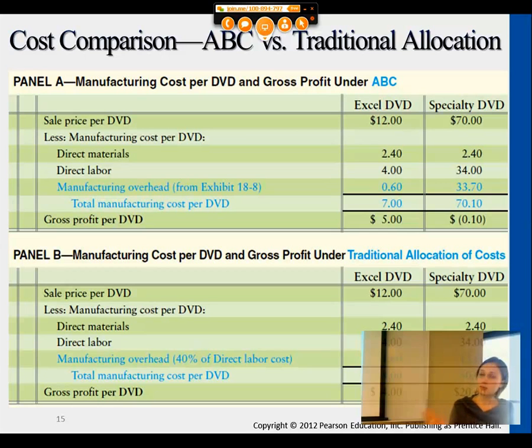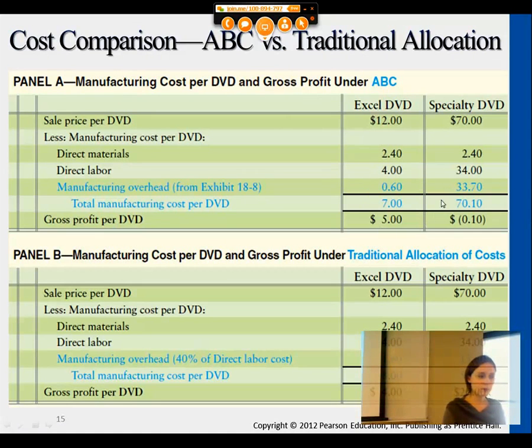Okay, so it's the same situation. We have Excel DVD, we have specialty DVD, and we know what the gross profit is. Okay, so let's see. Panel A, what do we have here? We have manufacturing cost per DVD and the gross profit under the ABC system. Okay, so the same story. We just figured out our sale price.